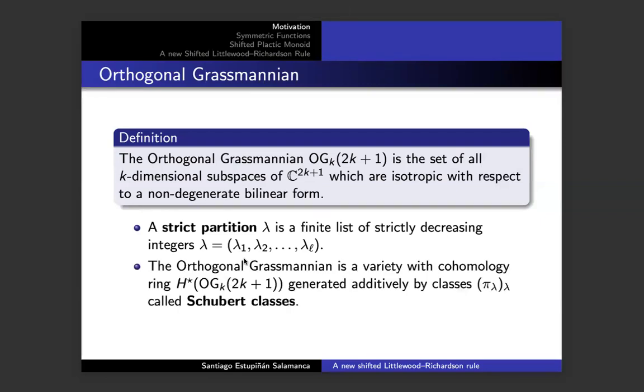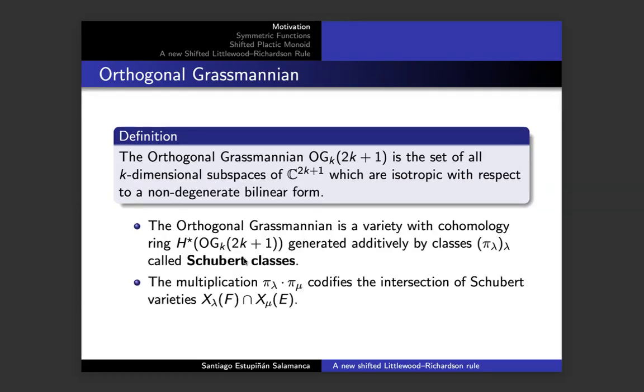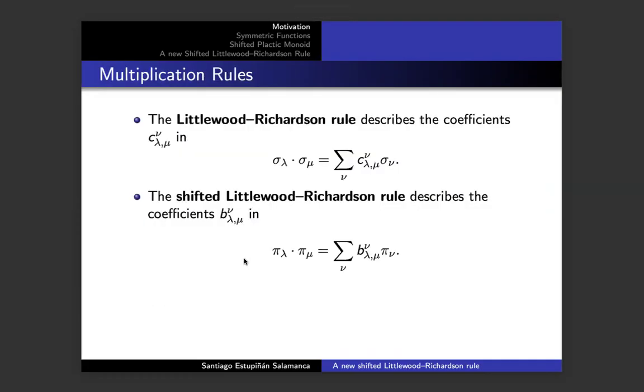And I can describe the cohomology of the orthogonal Grassmannian by classes indexed by strict partitions. Once again, the multiplication of these classes codifies the intersection of the corresponding Schubert varieties. And so to understand this multiplication, it's important to understand the multiplication in the basis. And the combinatorial description exists for both the Grassmannian and the orthogonal Grassmannian case.